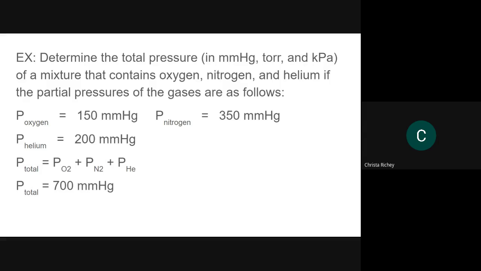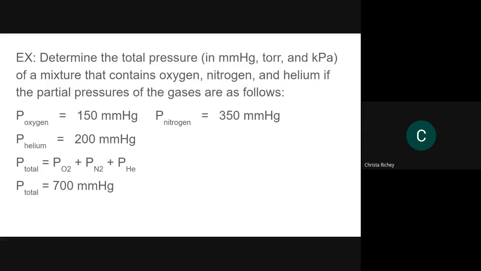Okay, so on the board, for those of you that are remote, because I didn't put this on the slide, I'm converting to the other units. 700 divided by 760 is going to be, I'm going to do 2 sig figs, 0.92 atmospheres. And then 700 times 101.3 divided by 760 is, I'm going to put one number after the decimal, 93.3 kilopascals.